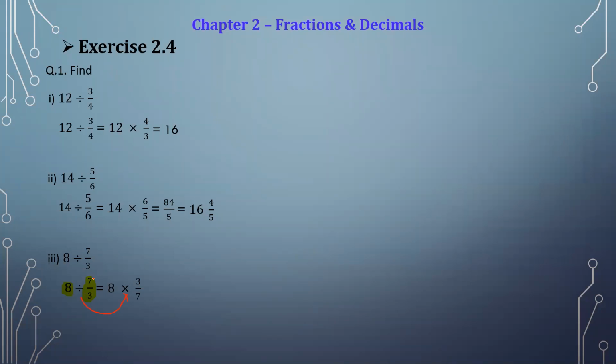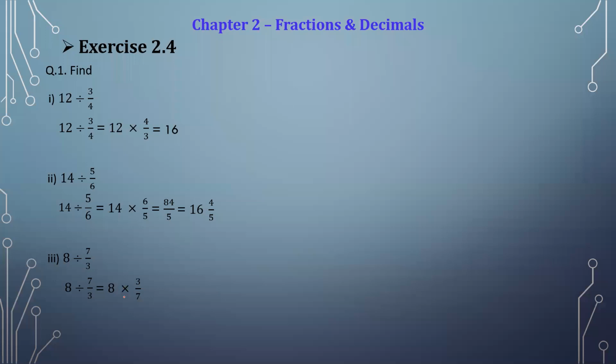Just change the position. See, here 7 is shifted to the downside and 3 is shifted to the upside. That means their positions are interchanged. The numerator is shifted to the denominator and the denominator is shifted to the numerator. And after taking the reciprocal, we have taken the multiplication sign instead of the division sign.